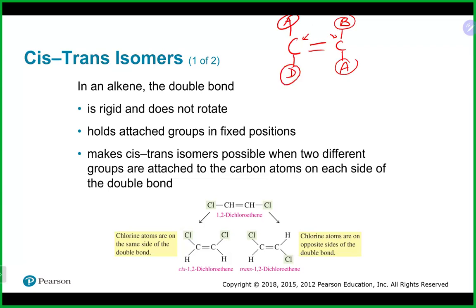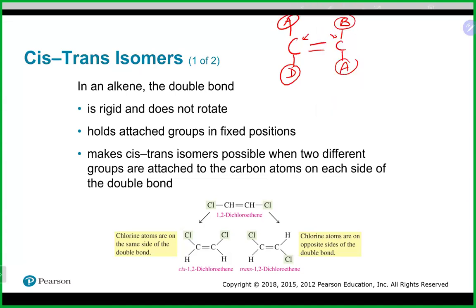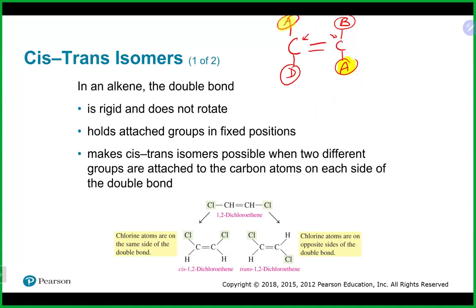So cis and trans isomers are possible in this particular case because each carbon within the double bond has two different groups attached. The second thing that you need for cis or trans is that the two carbons need different groups attached to them, but then you need some type of group that's the same on both carbons. Here, the group that's the same on both carbons is the A. There's an A on both of those carbons, and you can see by looking at their location, they are on opposite sides of the double bond.